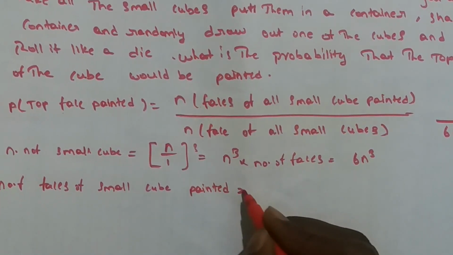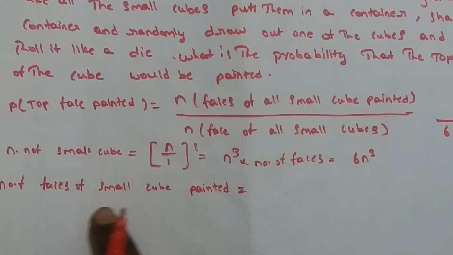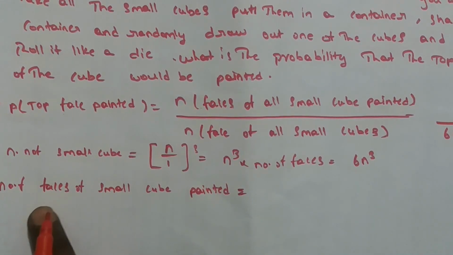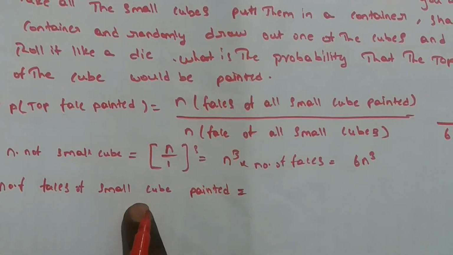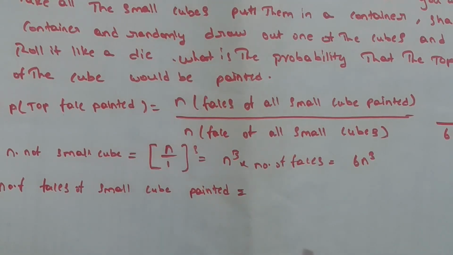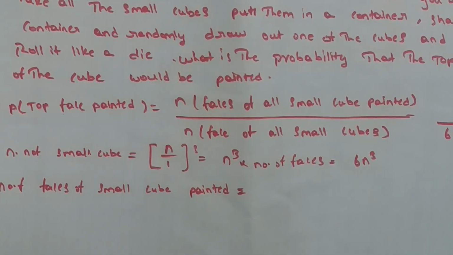The small cubes are of different types: some cubes have one colored face, some have two, and some have three. In the previous video we have seen the formula for one colored face, two colored face and three colored face.